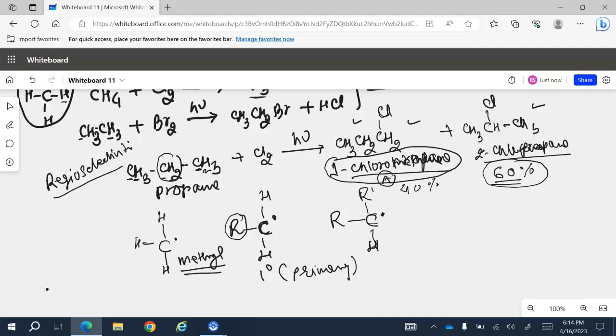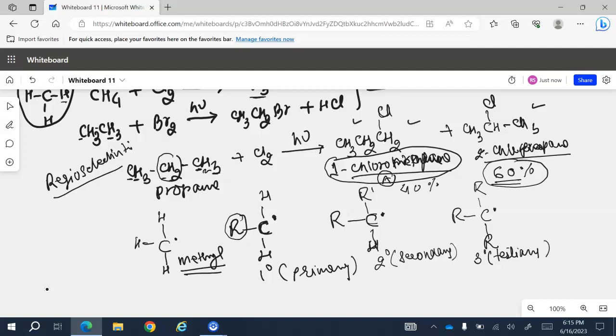We call that 2 degree, also called secondary radical. And if the carbon with the odd electron, or the radical, is connected with no hydrogen but all three are R groups, which can be the same or different, then we call that 3 degree, also called tertiary radical.